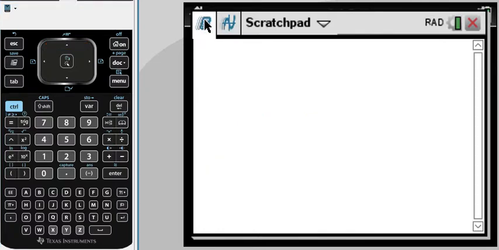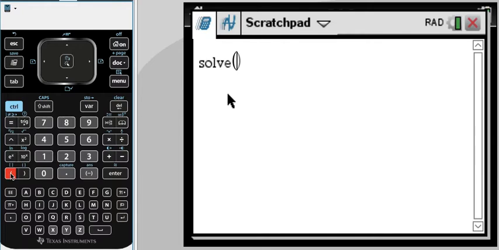So I'm going to go back to the calculate page, and I'm going to go to solve. If I have a keypad, I can just type solve. It's found in the algebra menu, and I'm going to add the parentheses, and I want to solve where my function, the 2 times the sine of 3x is equal to 1.